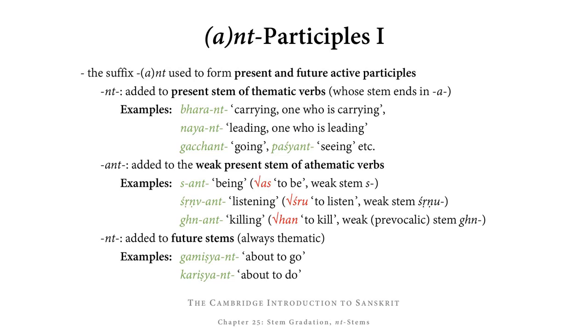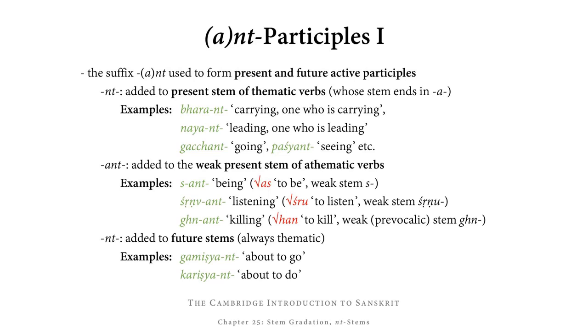Add ant to that, you get shrnwant through internal sandhi, so not shrnu ant, but shrnwant, and that means listening. From han, to kill, we take the weak stem in its prevocalic form, gn. Remember, you have already seen this in, for example, gnanti, the third person plural present, or agnan, the third person plural in the imperfect. So to this gn we add ant, and that gives us the present active participle gnant, killing.